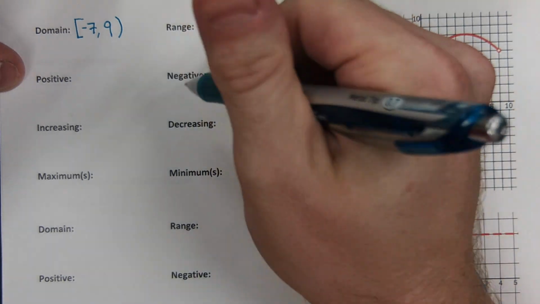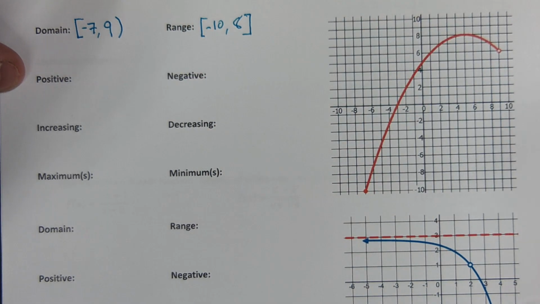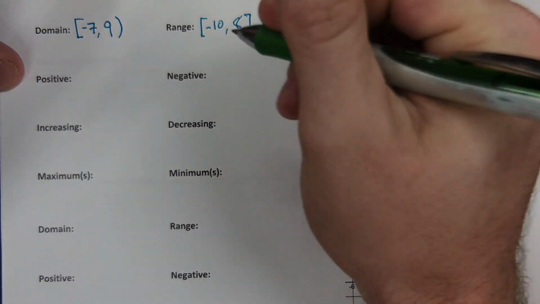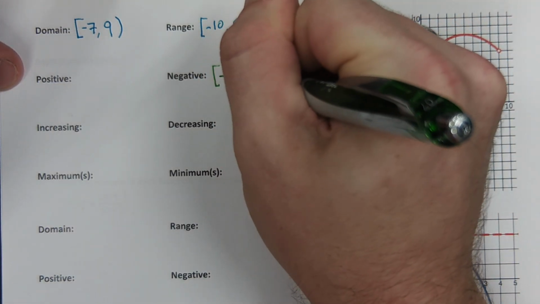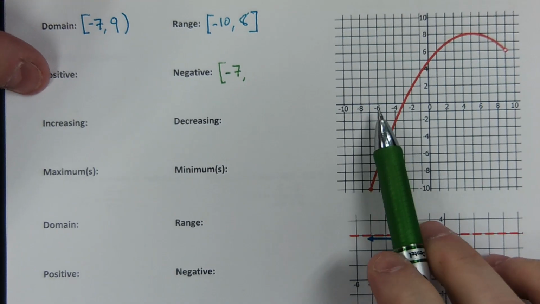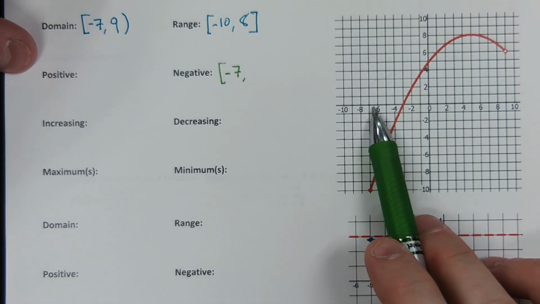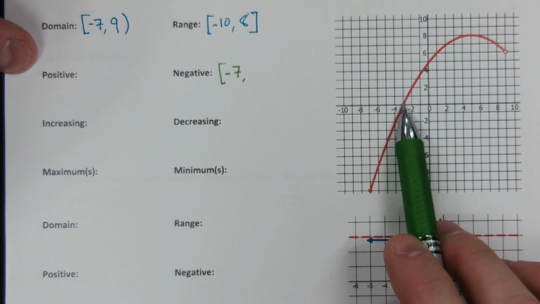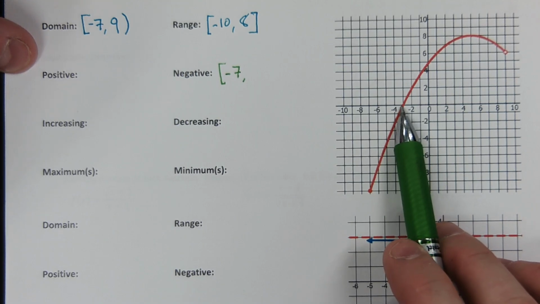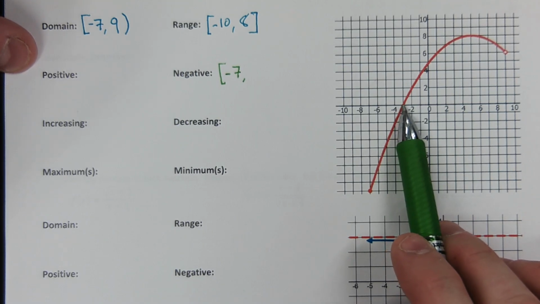So we'll switch colors. We begin at x equals -7 with a negative y value. And the last time as you head to the right that you can see your graph be quote-unquote below you is here-ish, immediately to the left of right there. Because right there you step on the graph.